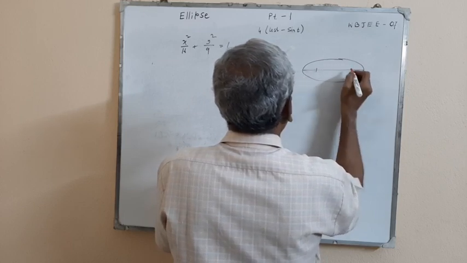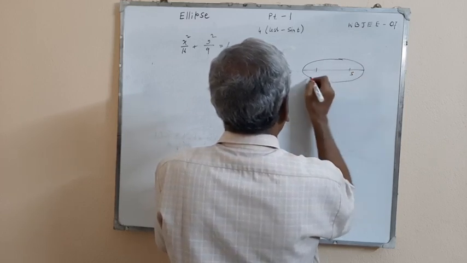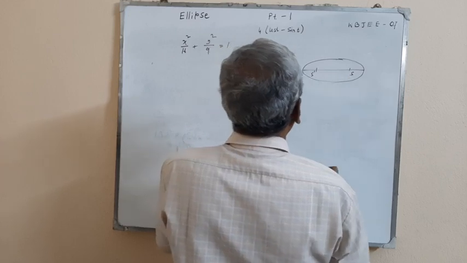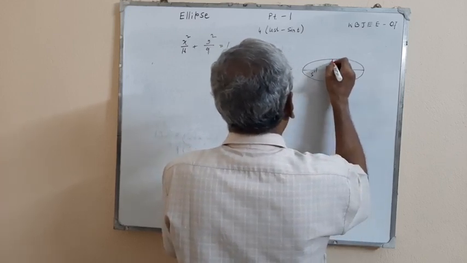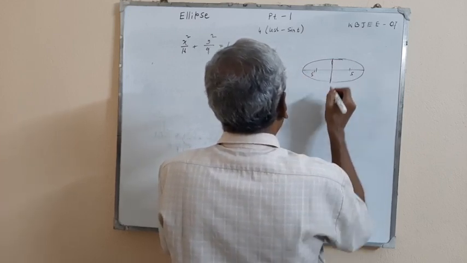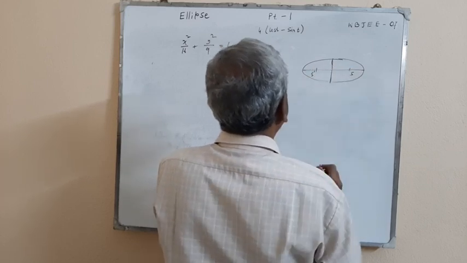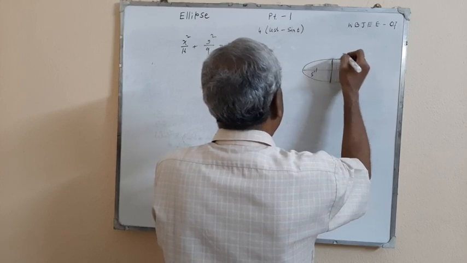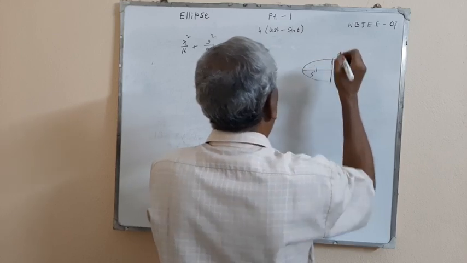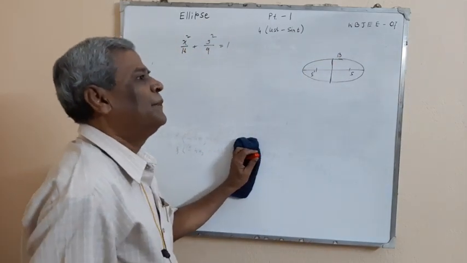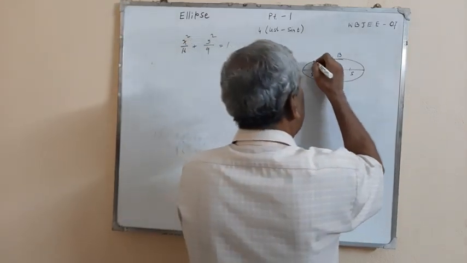This is a focus, this is another focus, S dashed. A circle passes through these 2 points, S and S dashed, and the center is at the end point of the minor axis. So the circle is like that.